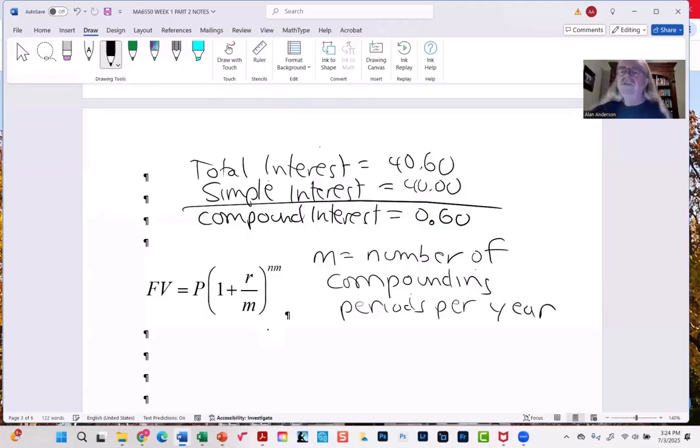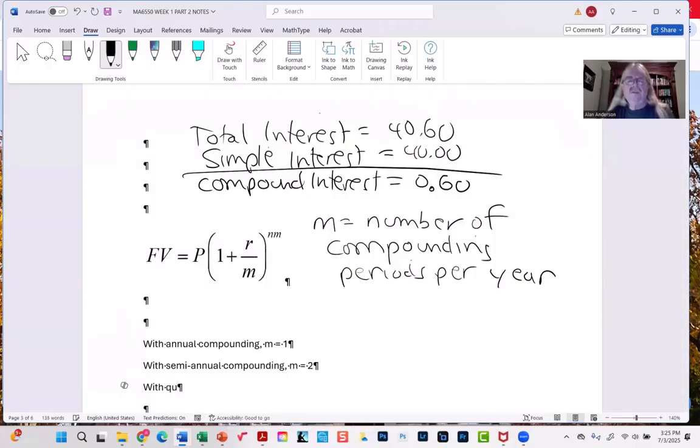All right, so just as a quick example, with annual compounding, M is 1, of course, because you get interest once a year. With semi-annual compounding, M equals 2.